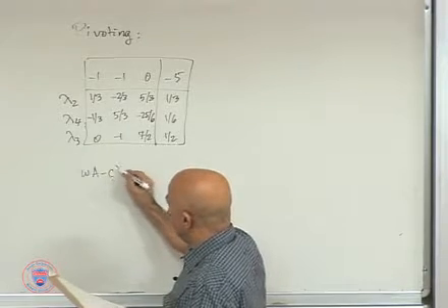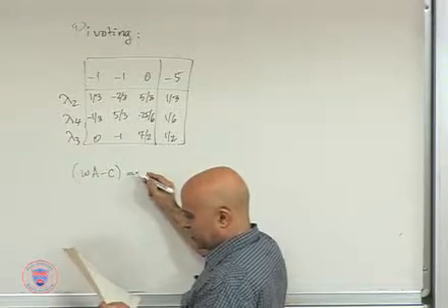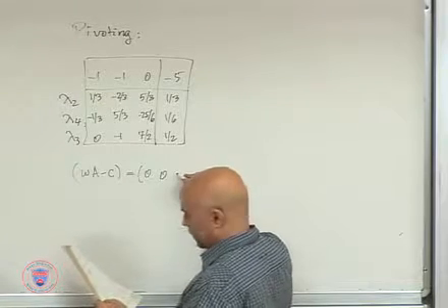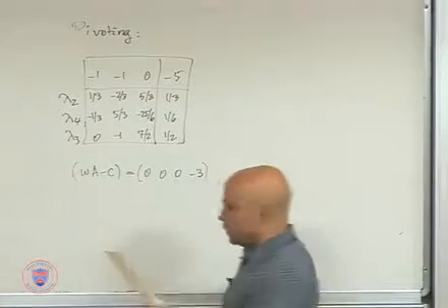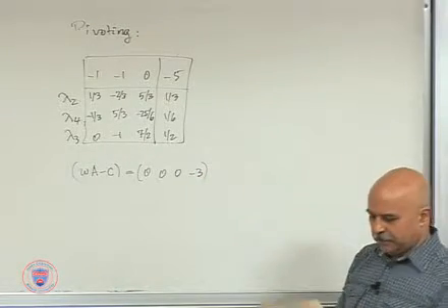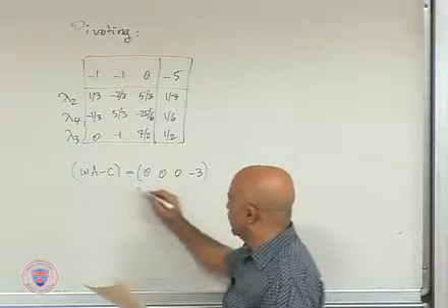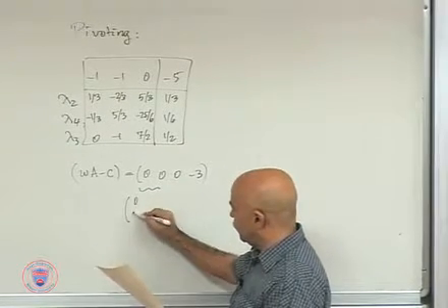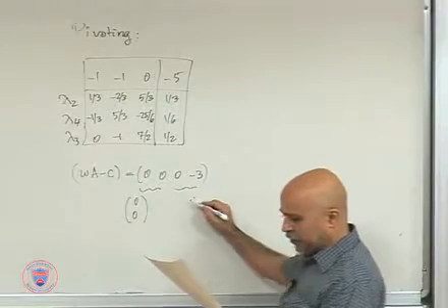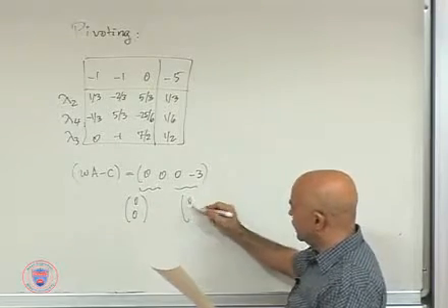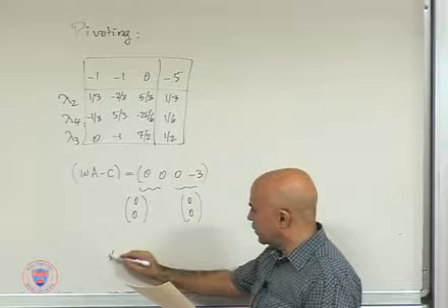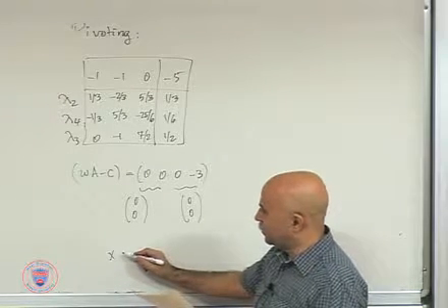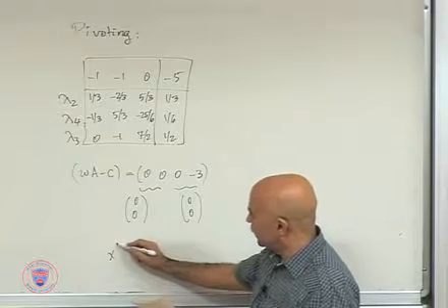You compute WA minus C, which gives you 0, 0, 0, minus 3. This part gives you an optimal solution of 0, 0. This part gives you an optimal solution of 0, 0. So the extreme point you have is not x5, but rather it's x1.